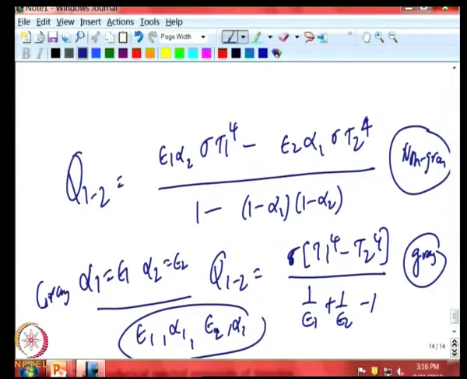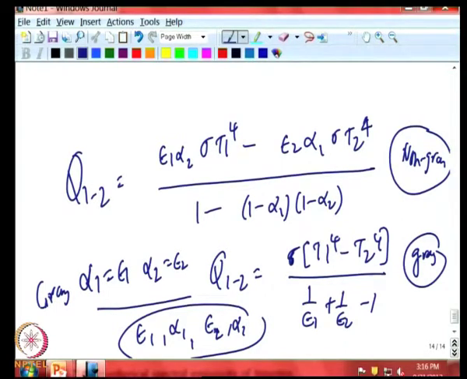You can also derive the same result by so many other means, but it is important to recognize that the non-gray situation occurs more commonly in the industry.